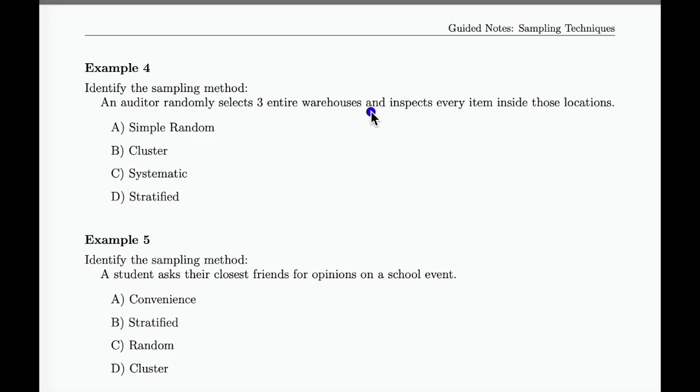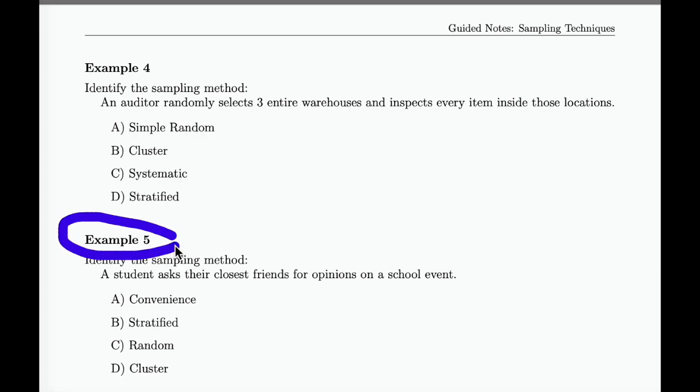This is cluster. The population of warehouses was split by groups, so each warehouse was a group, and then entire warehouses were chosen. So I'm going to choose option B for this.